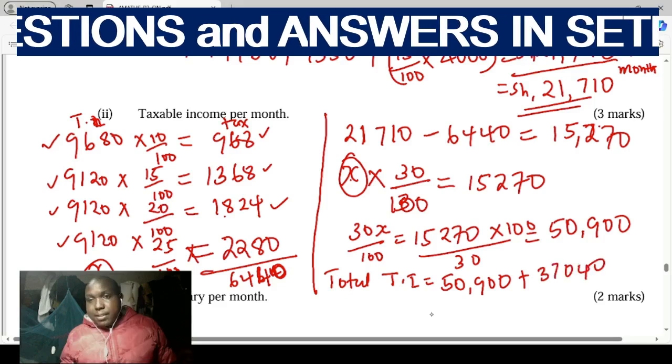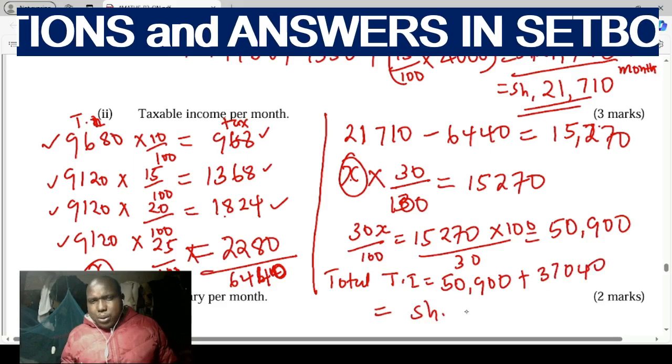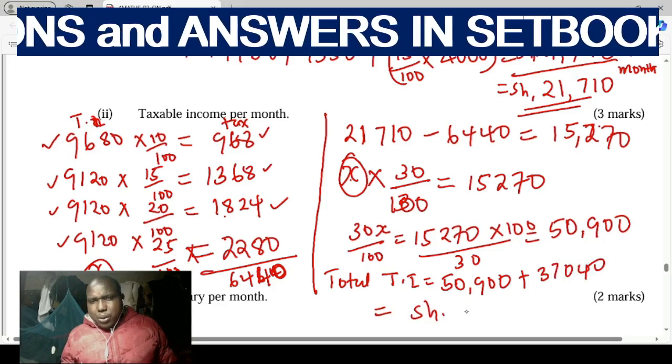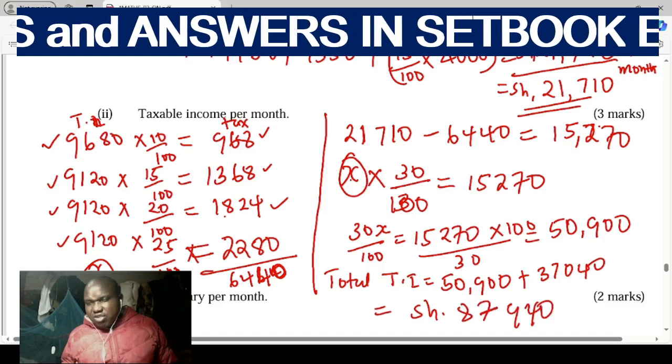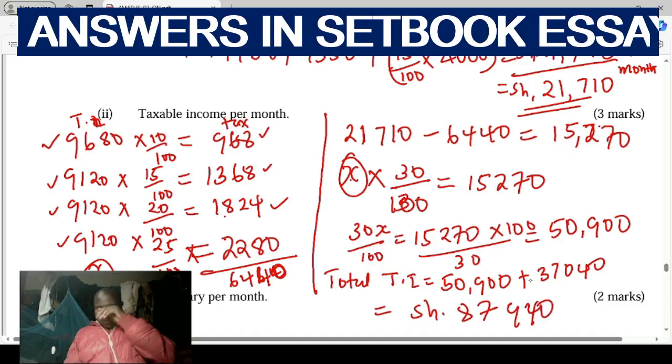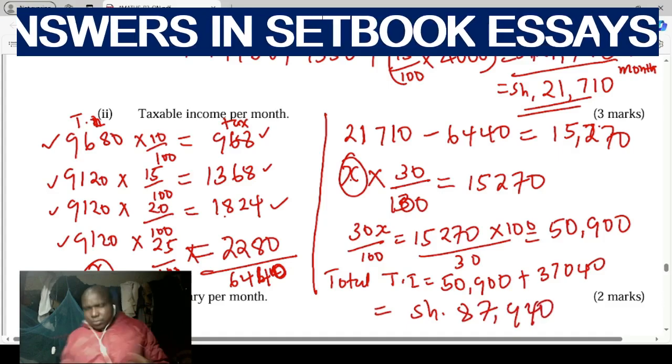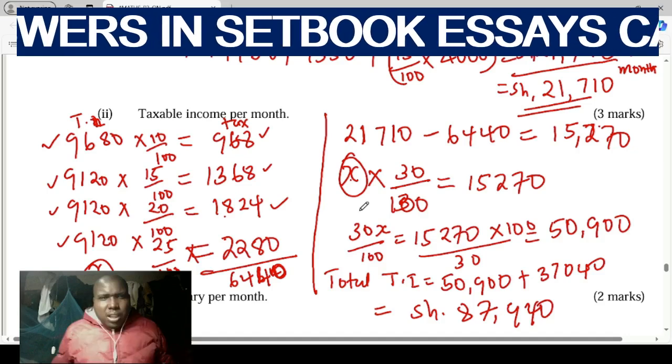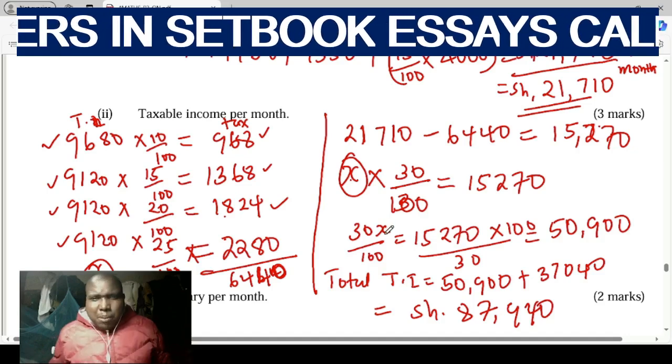So our total taxable income will be Kenya shillings 87,940. So that is the taxable income per month.